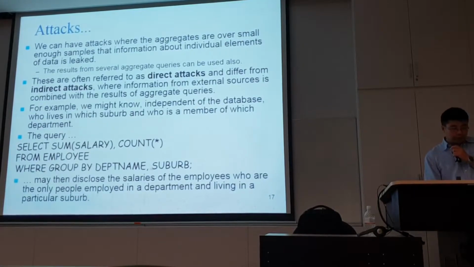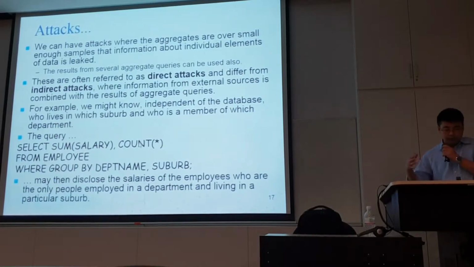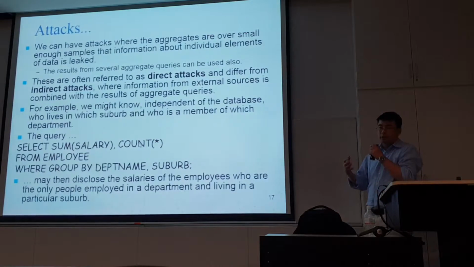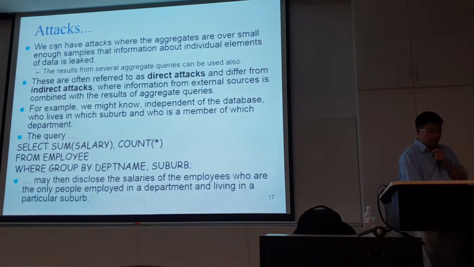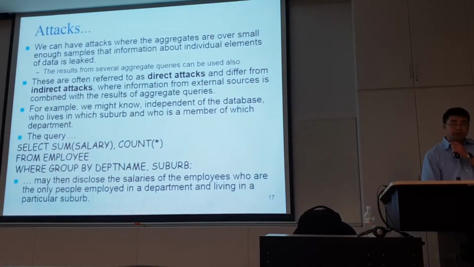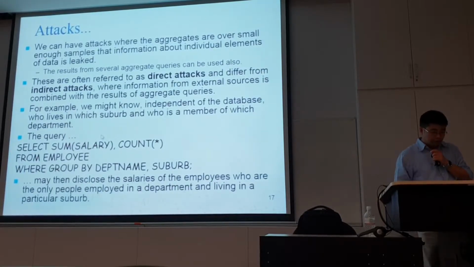For example, if you know a particular staff who lives at a particular address, then you can use these two queries. So this is basically a direct attack. If the count shows there is only one staff in a particular department, then the sum of the salary will be the same as that staff's salary.